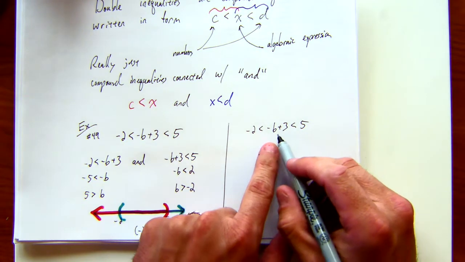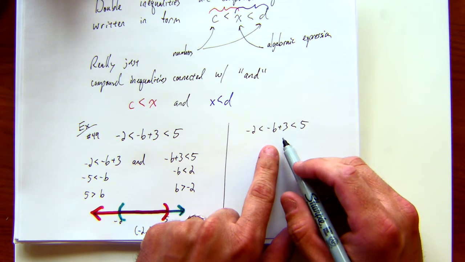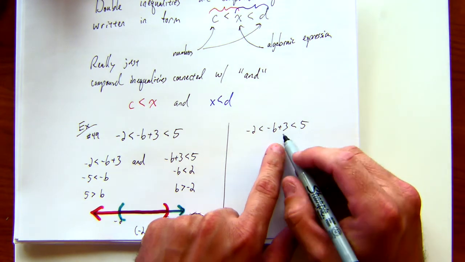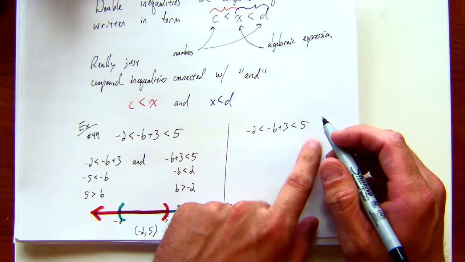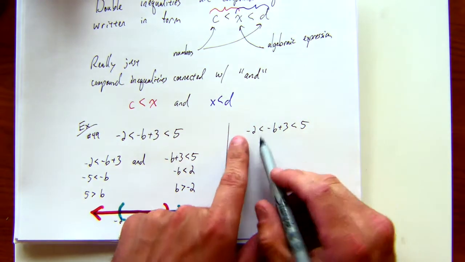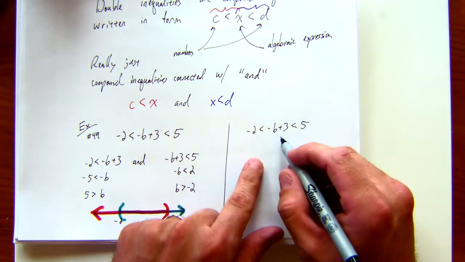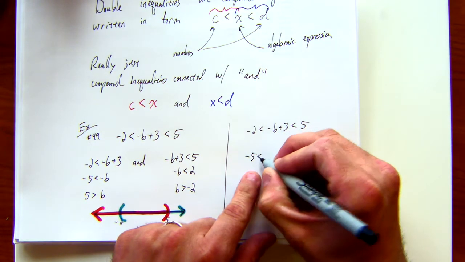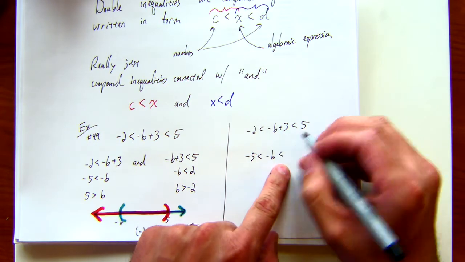I want to get b by itself in the middle. So I want to subtract this 3, and I have to remember to do it on all 3 pieces. Instead of an equation with 2 sides, I've got the middle piece, the left piece, and the right piece. So if I subtract 3, then I have negative 5 is less than negative b, which is less than 2.